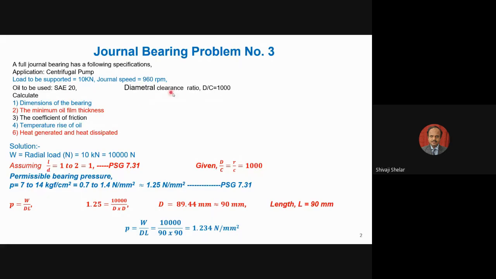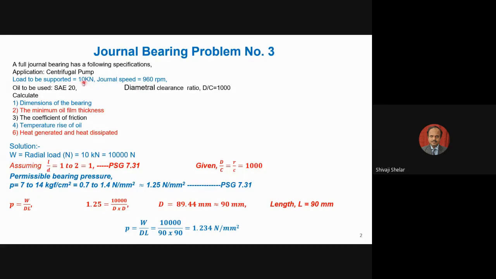The diametral clearance ratio D by C should be equal to 1000. So based on this data, you have to calculate dimensions of the bearing, the minimum oil film thickness, the coefficient of friction, temperature rise of oil, heat generated and heat dissipated. Okay. So let's go for the design.